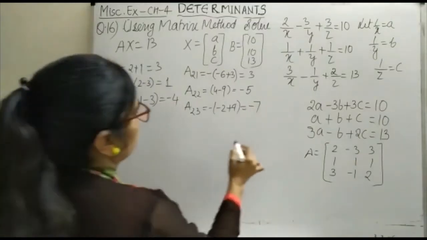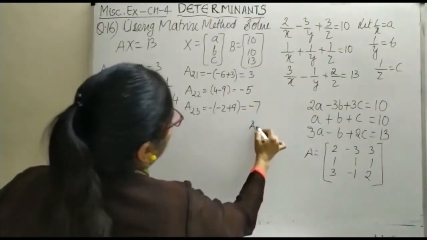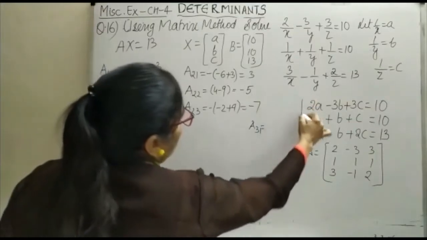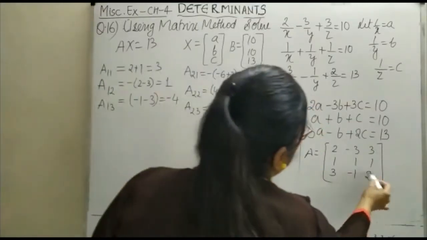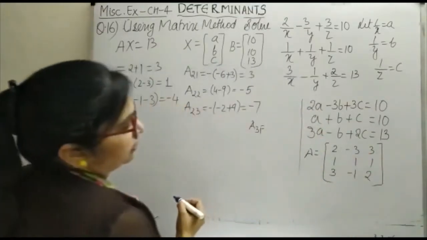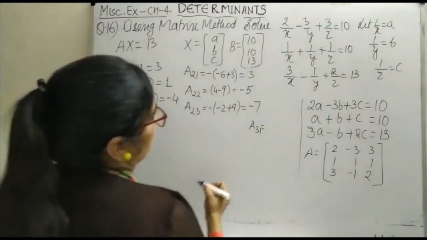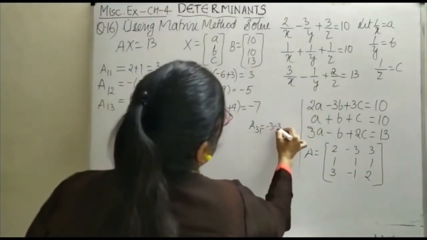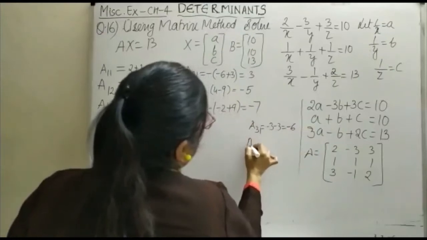Now A31 will be minus 3 and minus 3, that is minus 6.